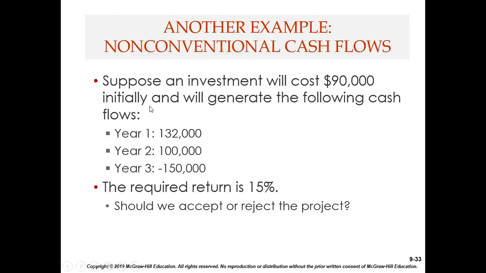Take a look. Suppose an investment will cost $90,000 initially and will generate the following cash flows: year 1, $132,000; year 2, $100,000; year 3, negative $150,000. The required rate of return is 15%.